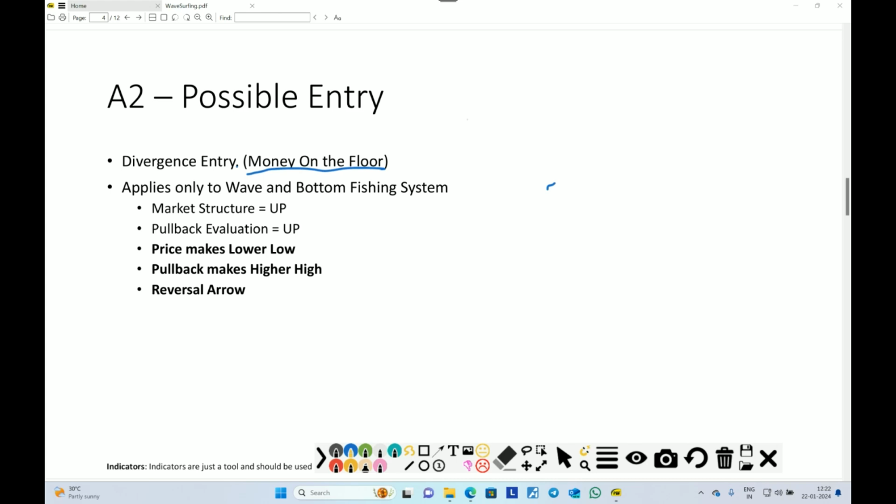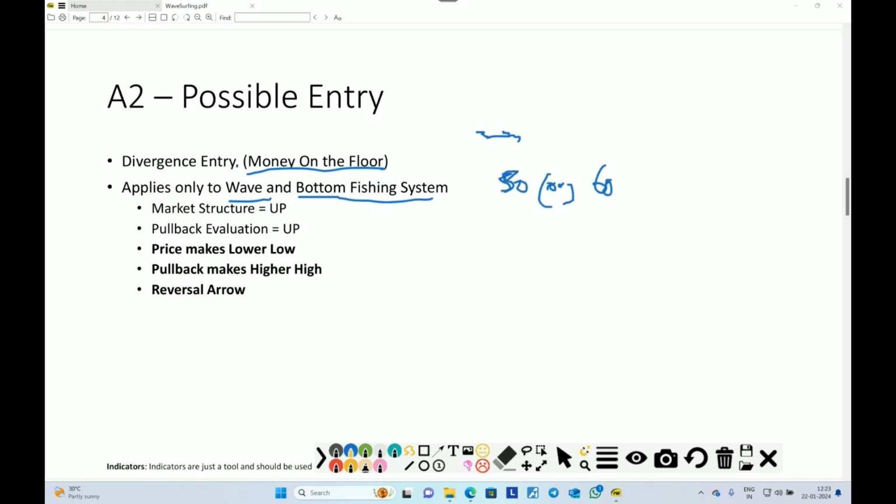You're leaving money available on the floor, and you're going to pick it up based on this divergence entry. Money on the floor applies only to wave fishing and bottom fishing systems. This is not applicable for bay fishing, which means higher time frames only, 30 minutes or 60 minutes.